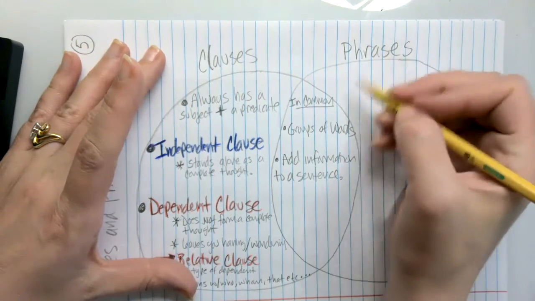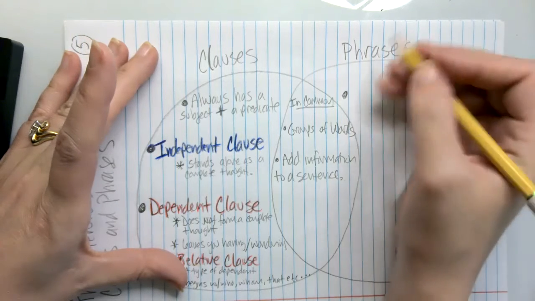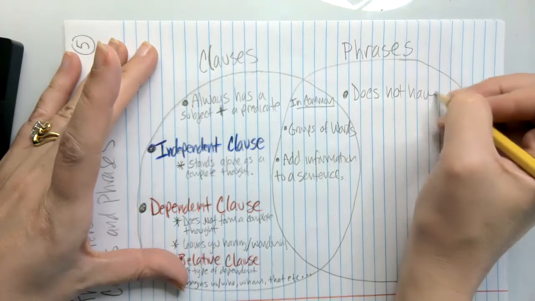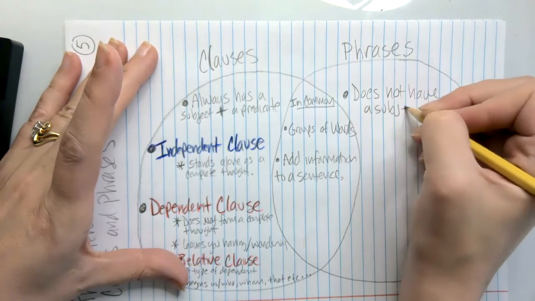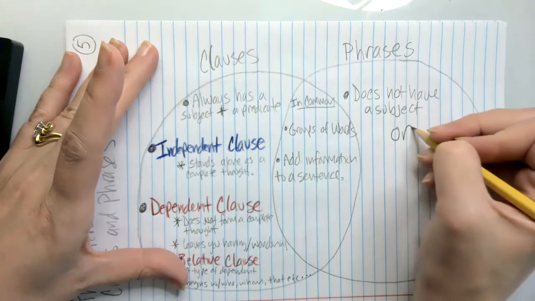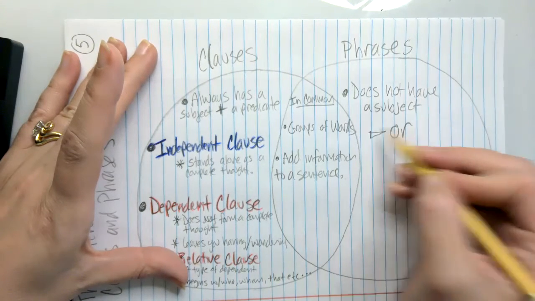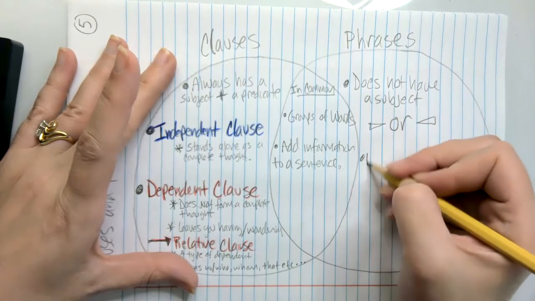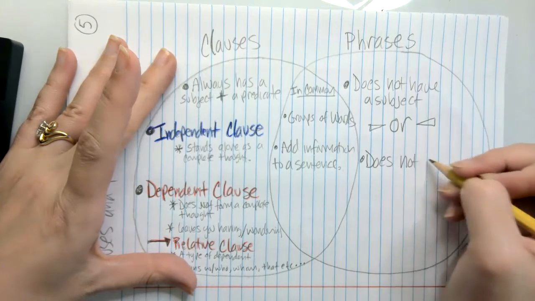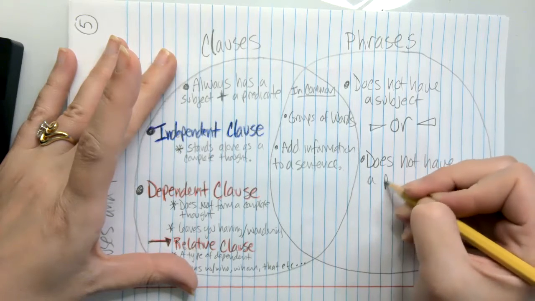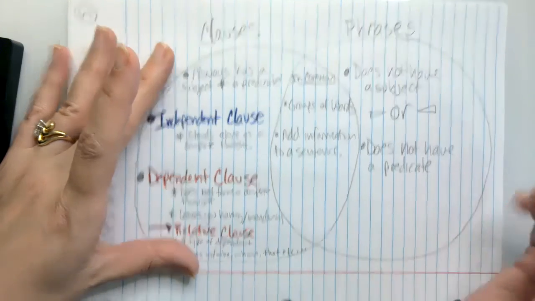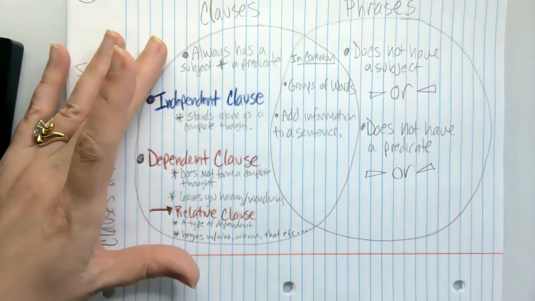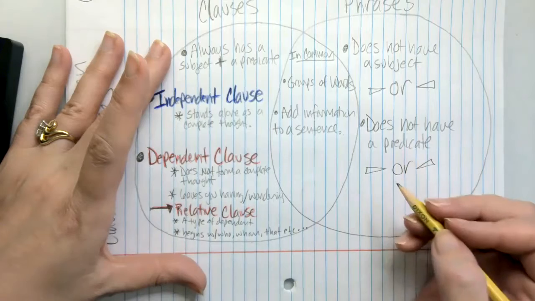There are three. One, we need to identify that it either does not have a subject, or, and we're going to write or in the middle really big there with a weird triangle arrow thing, does not have a predicate. Or again, right in the middle there, this is some note-taking stuff, right, to get this to jump out at you, does not have either one.